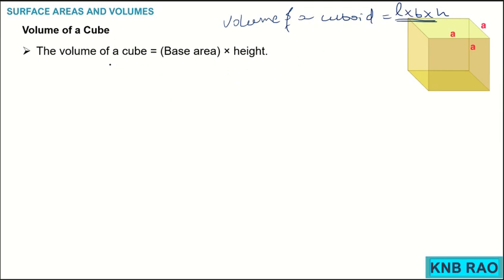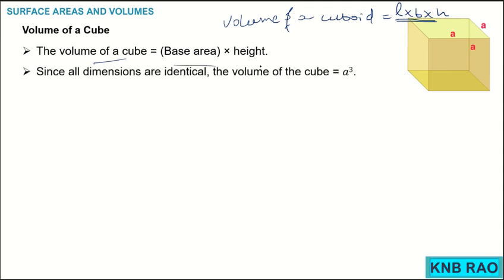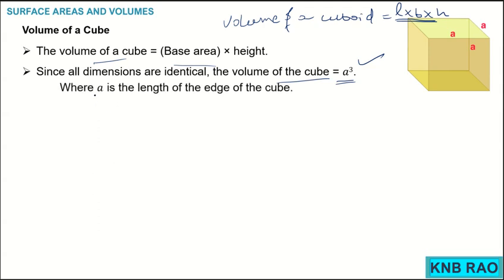Okay. So, volume of a cube is base area into height, the standard formula for prisms. So, A square into A, it becomes A cube, which will be the volume of a cube. Where A is the length of the edge of the cube.